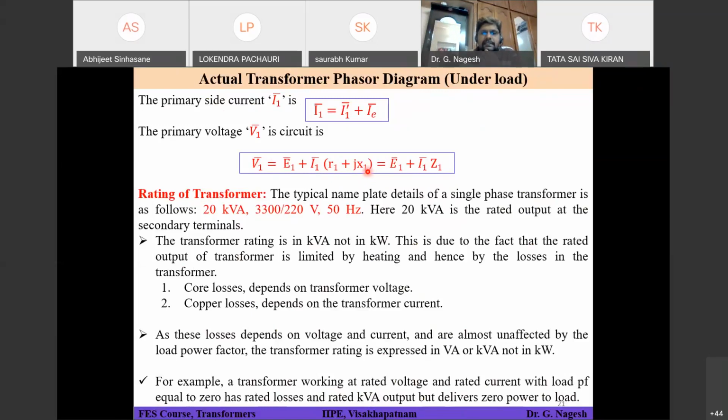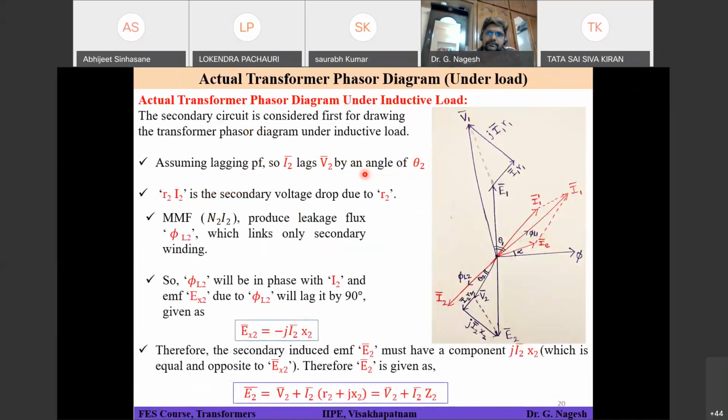It is only the leakage flux phi L1. That leakage flux is generating a voltage drop. From the phasor diagram, this voltage drop was observed to lead the current I1 flowing in the primary by 90 degrees.